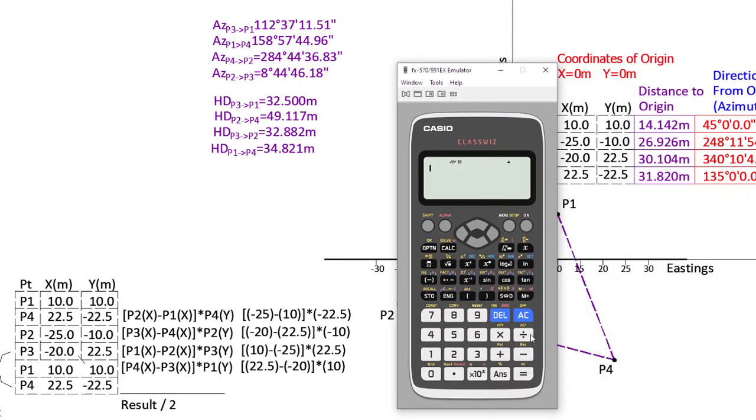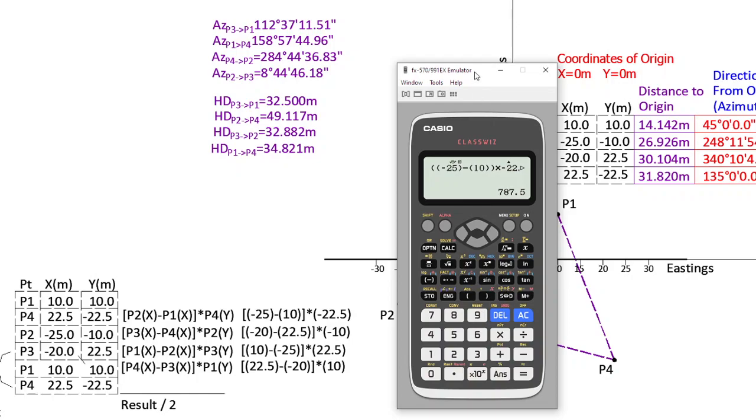And then I'm going to have that minus 25. I can just write the numbers the same way they are here, just to avoid any confusion. So I'm just going to do that. So bracket, minus 25, close, minus 10, close this bracket, times minus 22.5.